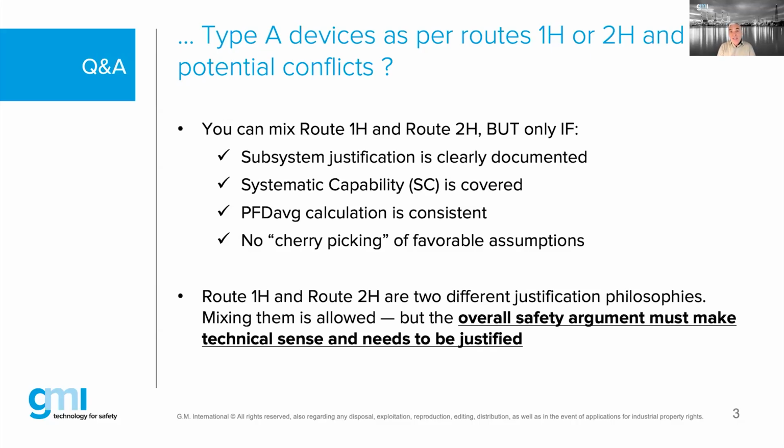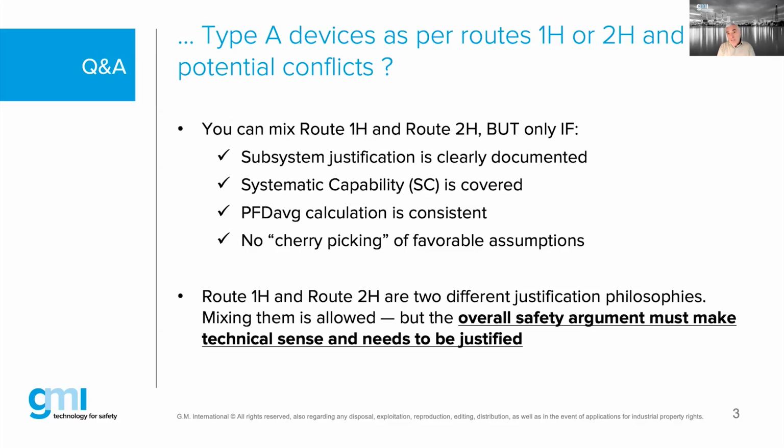So systematic capability is very, very important to be told by your vendor or by your user documentation: what systematic capability can such a subsystem achieve or have achieved, because that will limit the SIL level that you can maintain in your plant.